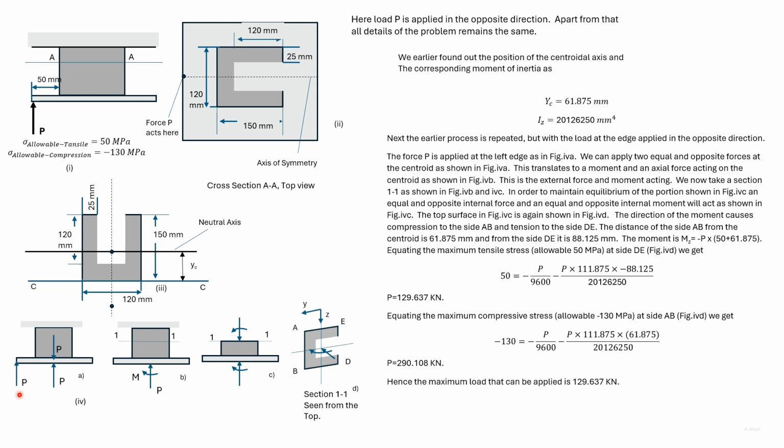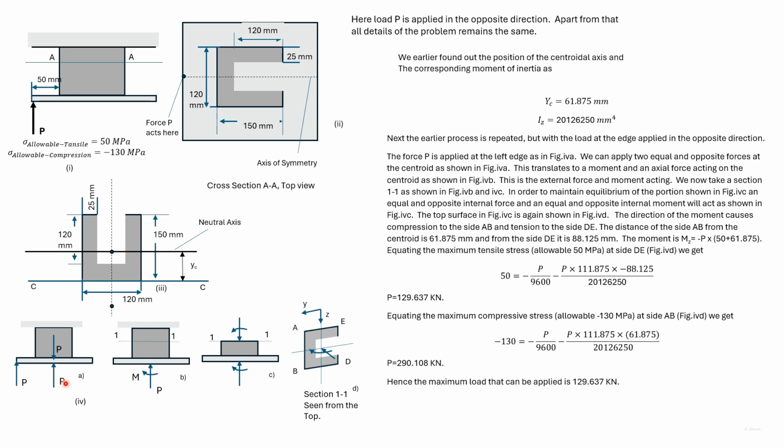The load P acting on the structure acts upwards as shown. As such, we have considered two forces P acting on the centroid in the opposite direction as shown here.